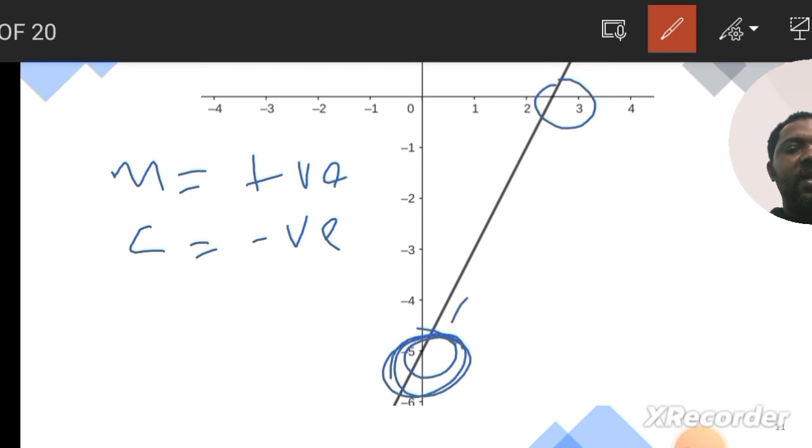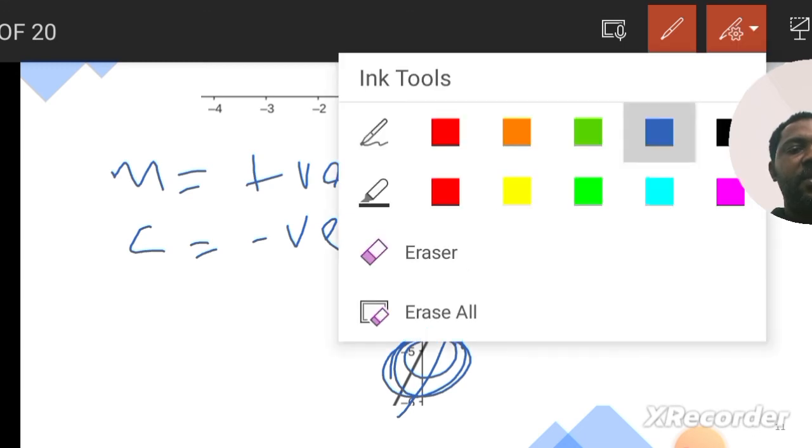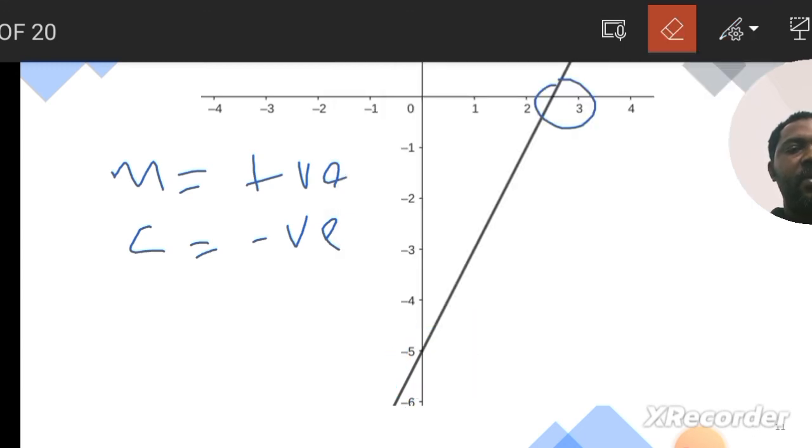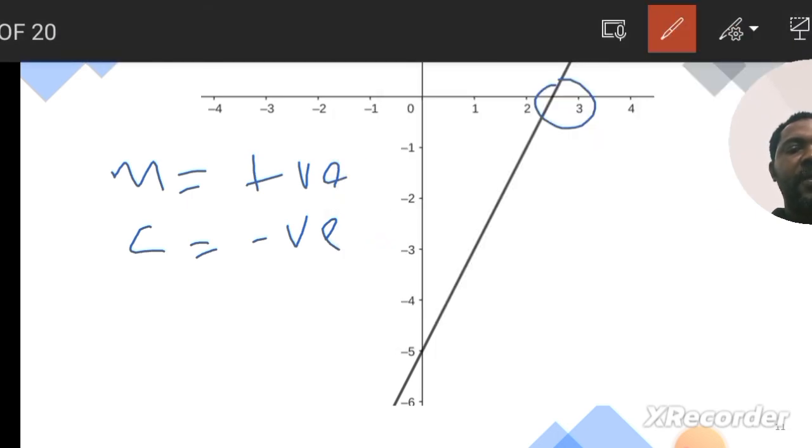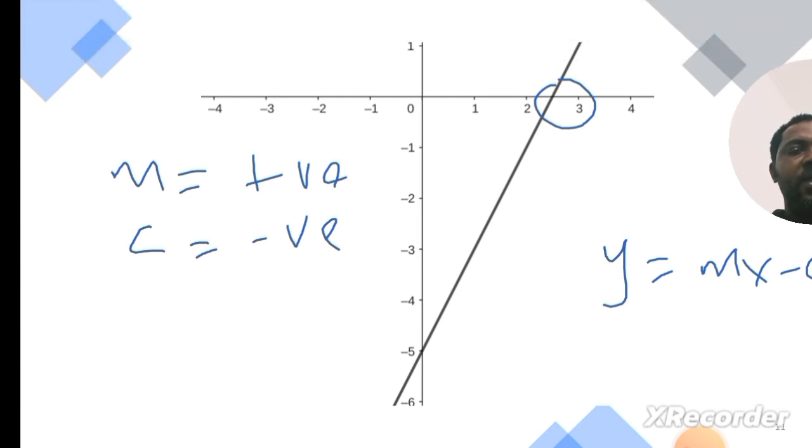That is where the line is cutting the y-axis. Let me clean this quickly. So it means that a graph this way is y equal to mx minus c. Mx minus c. That's important for you to note. Then we move to the next one.